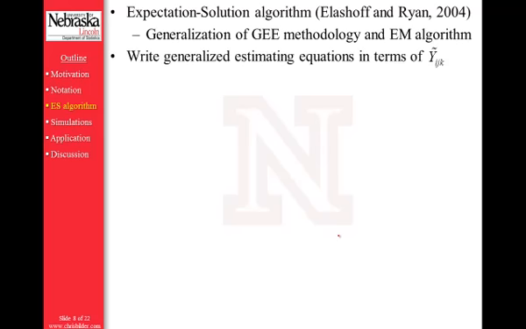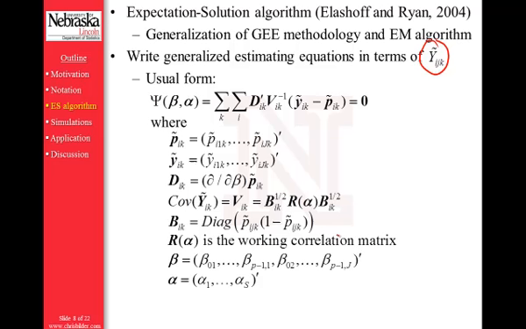So let's first write a set of generalized estimating equations in terms of these y tildes, which again we do not observe. This is the usual form that we would see for a set of generalized estimating equations. I know there's a lot of notation here, but again, just think of it as the usual form. Specifically, we have a vector of these y tildes for a particular individual in a particular group, so this is a j by 1 vector.